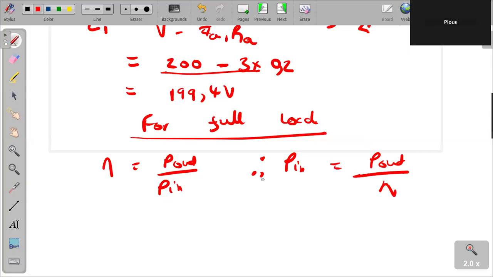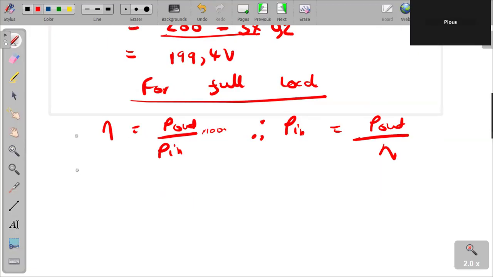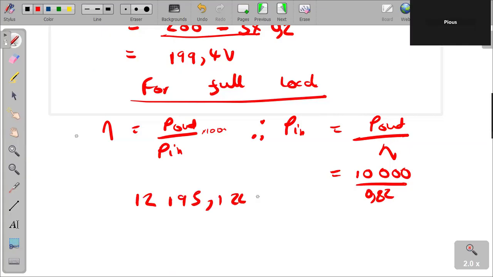This is efficiency times 100, so we can just divide that by 100, and it then gives us 0.82. So let's substitute: P out 10,000 divided by 0.82, and that will give us 12,195.122 to 3 decimal places watts. That marks our P in.